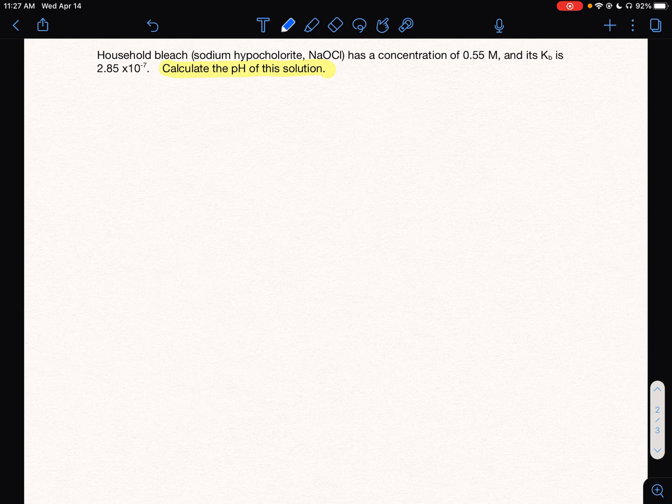So we're going to start off with a balanced chemical equation, and our hint here is we're given a Kb. So that's a sign that this is a weak base. We hopefully already can also figure that out from our formula.